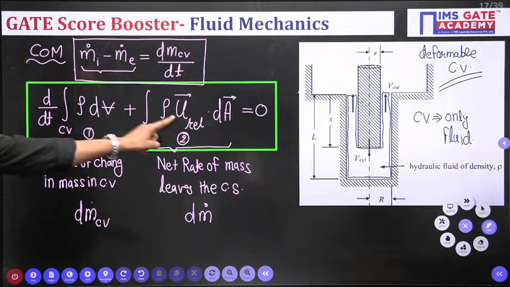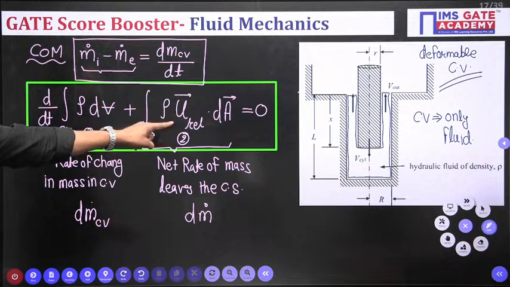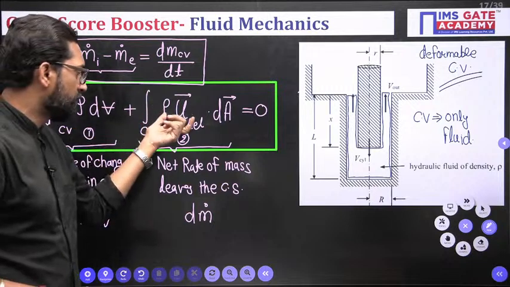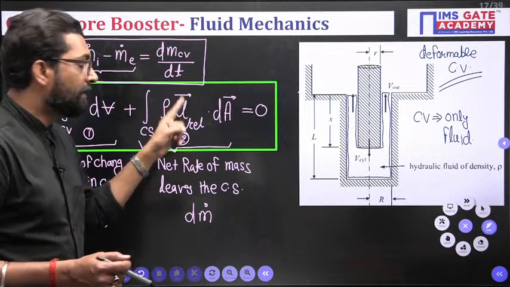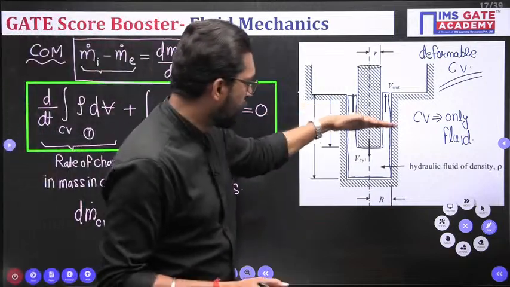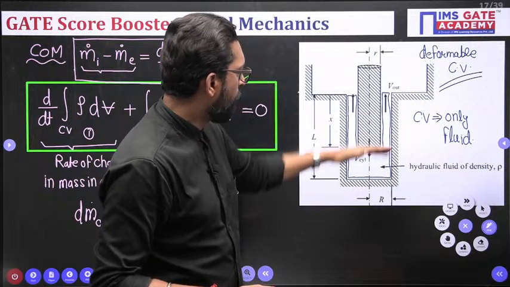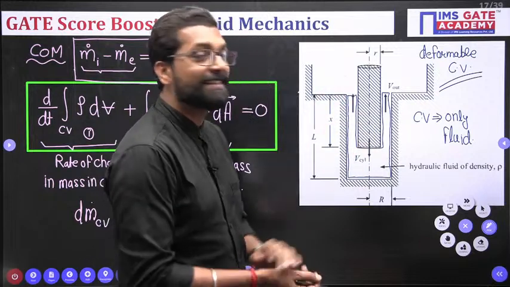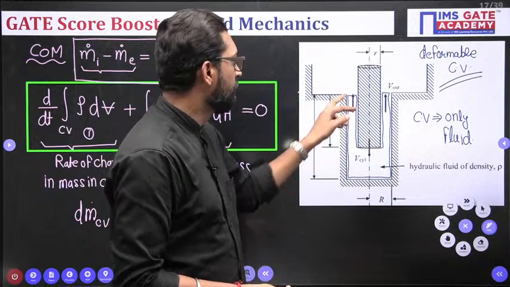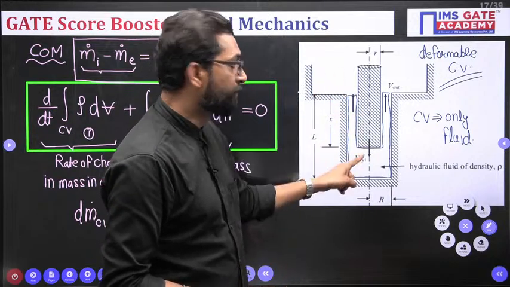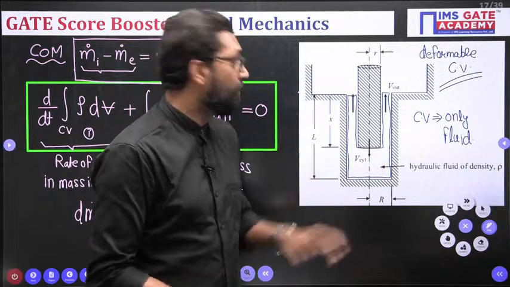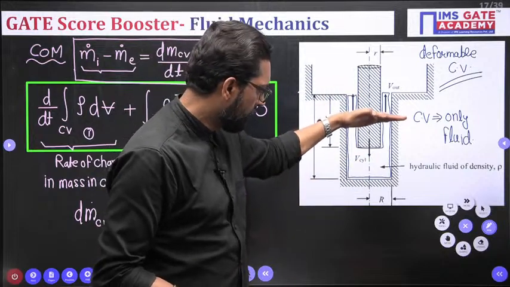So how to find the relative velocity? Relative velocity is the velocity between the fluid and the boundary. See, the boundary is displacing. What is the speed of the displacing boundary? V out minus V of cylinder, but the cylinder is never crossing.